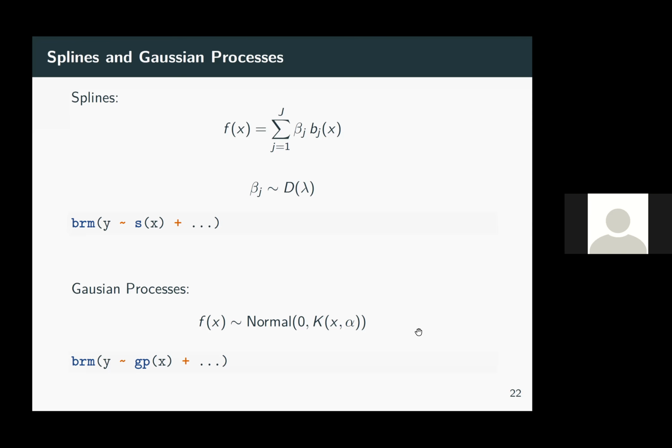Just another question. Does BRMS support a smoothing spline model with random smooths across groups? Yes-ish, I'm going to elaborate. I understand the question in the following way.